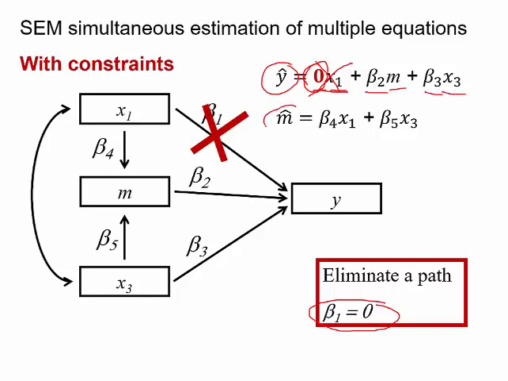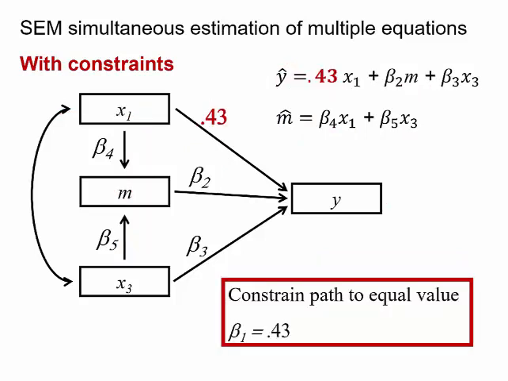And note that my model for the mediator is still the same as before: the mediator is equal to beta 4 times x1, and beta 5 times x3. So that's what a model would look like if I constrain a path to be equal to 0.